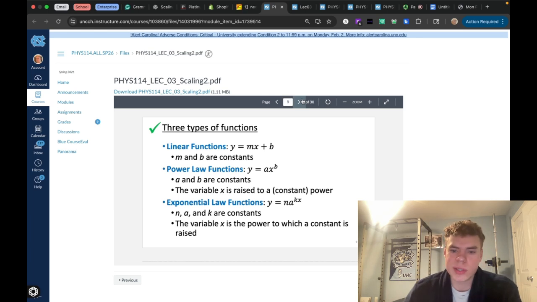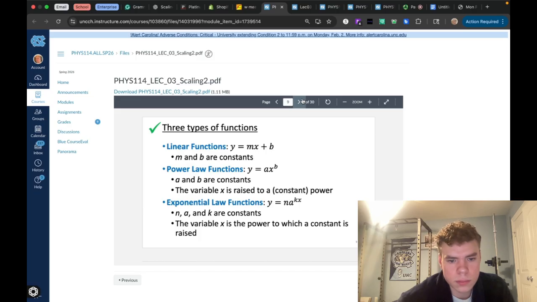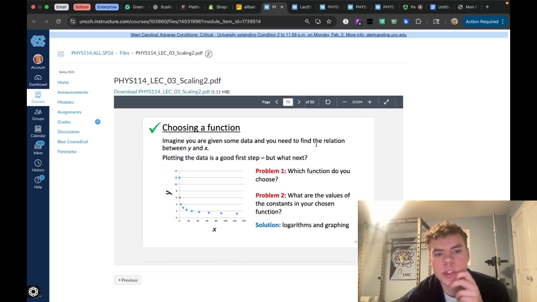The variable x is the power to which a constant is raised. So it looks like everything is constant besides x, which would make sense.